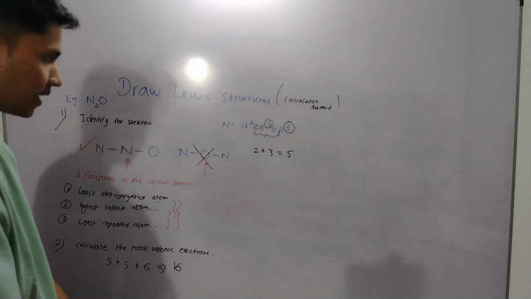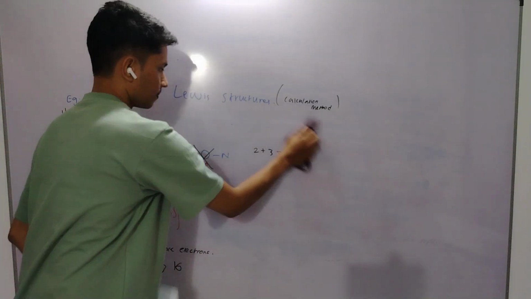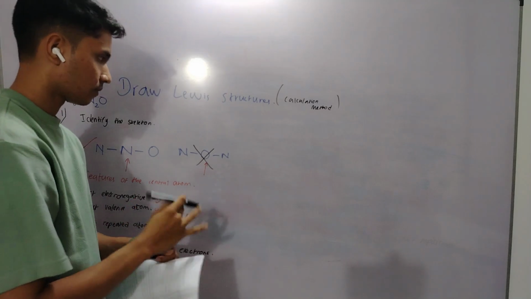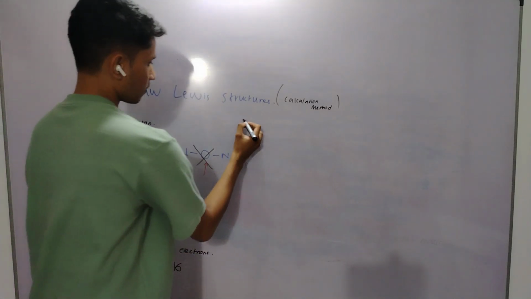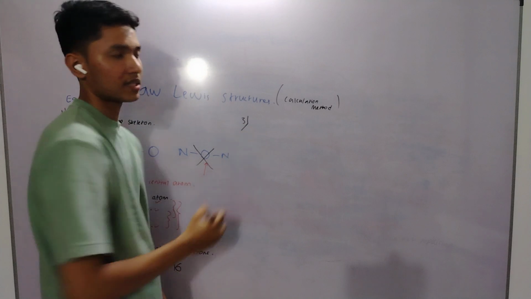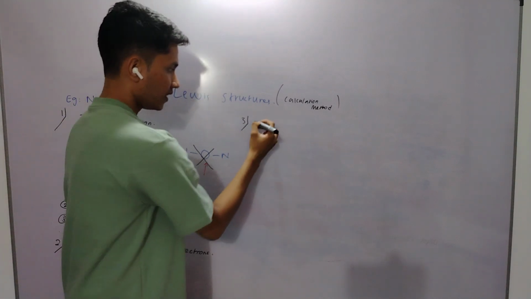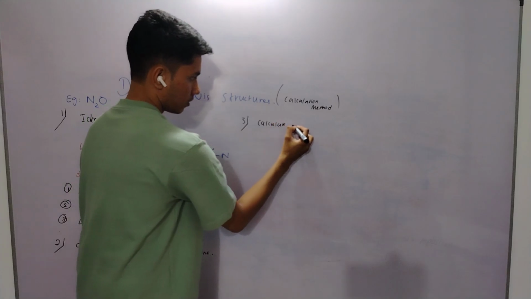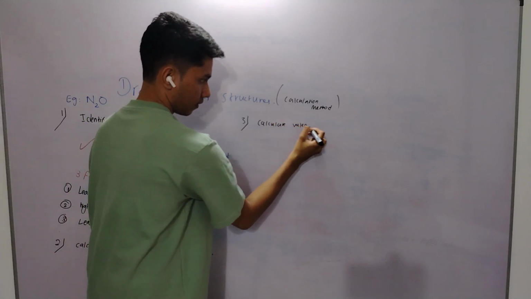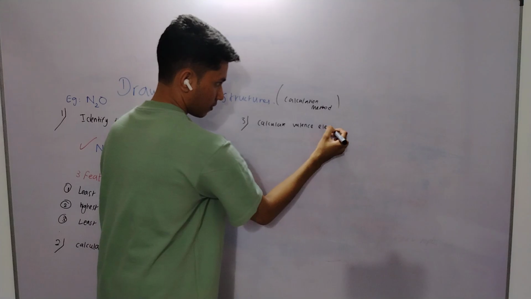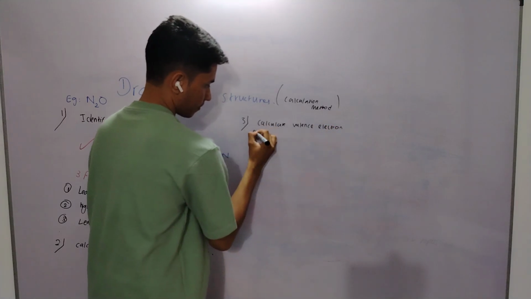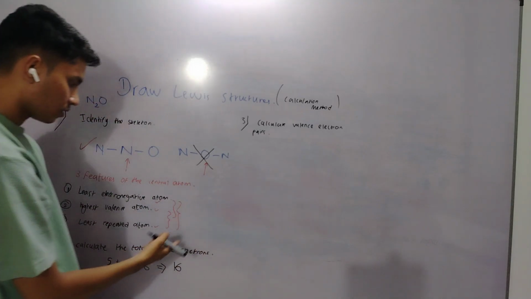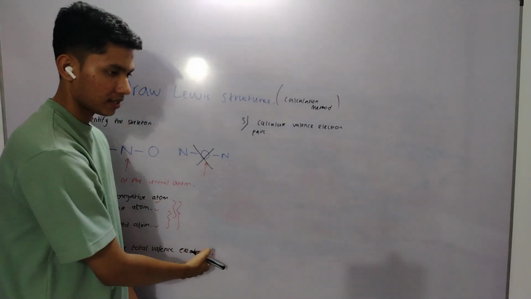Then the third step. In the third step, we calculate valence electron pairs. What is meant by valence electron pairs? We know the total valence electrons.